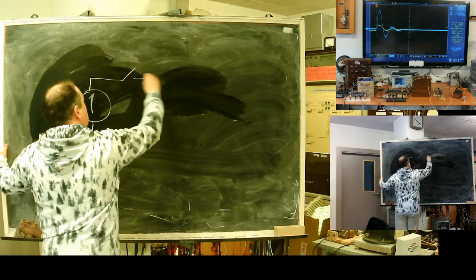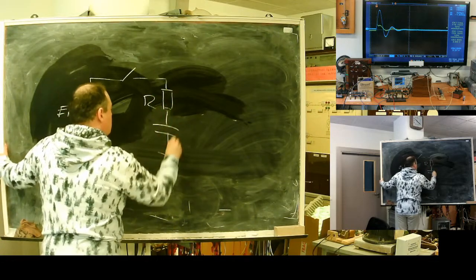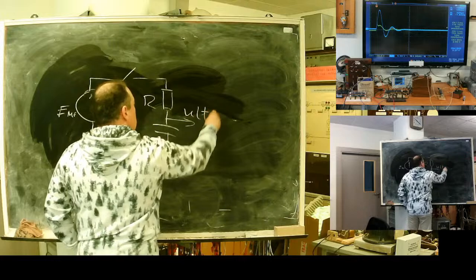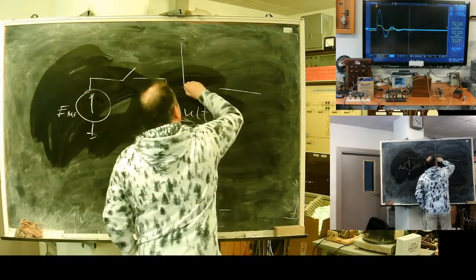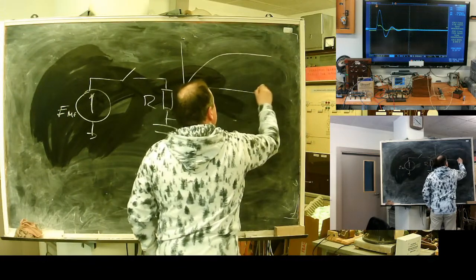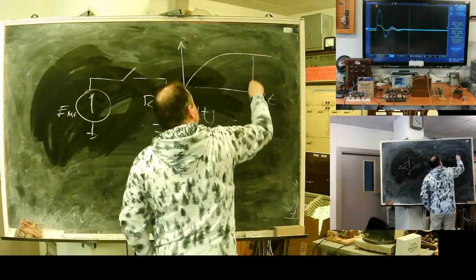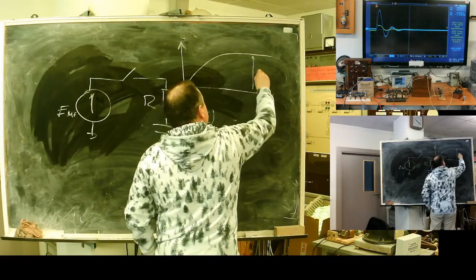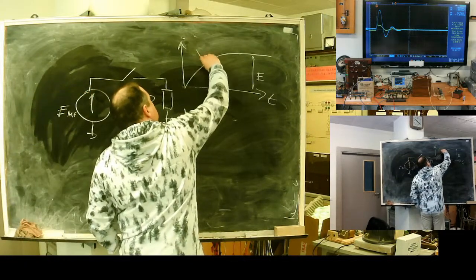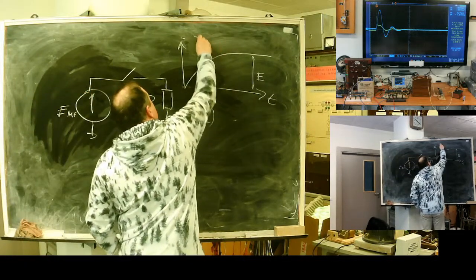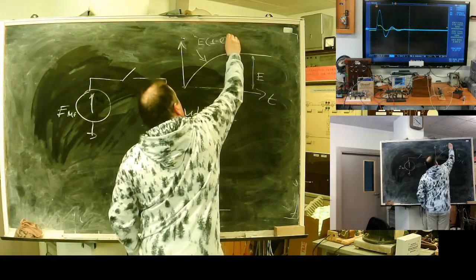It connects via a resistor to the condenser, and the form of it will be like this. This one will reach the voltage E, and this line can be written as E times one minus e to the power minus t over tau.